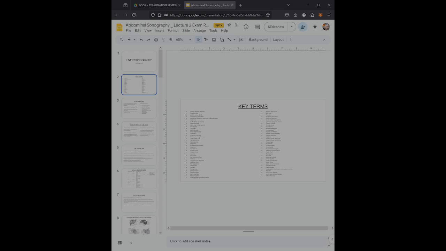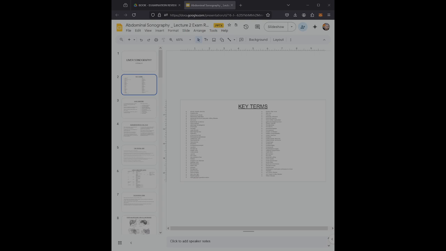And so we talked about the liver hilum, or the porta hepatis, and this area of the liver where the hepatic artery enters and the hepatic duct exits. Portal hypertension, this is elevation of blood pressure within the portal venous system.